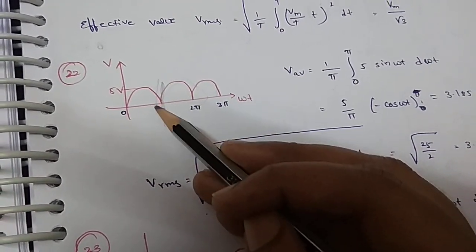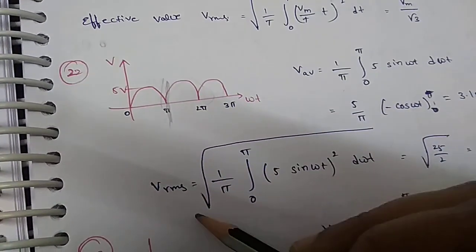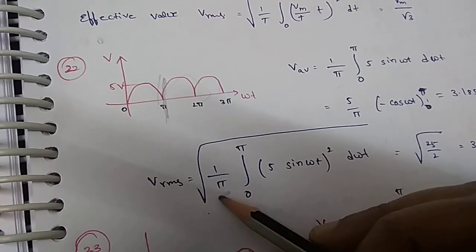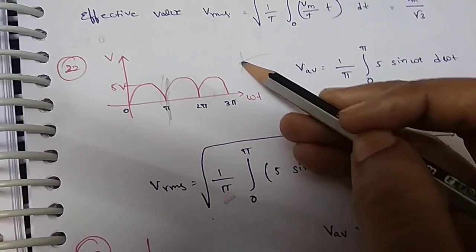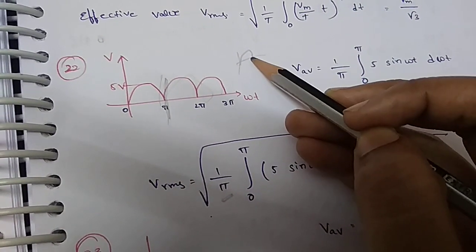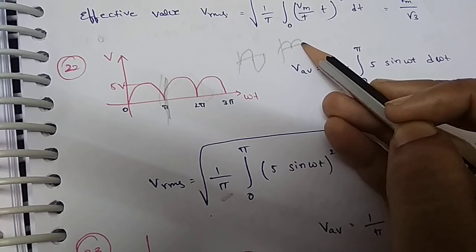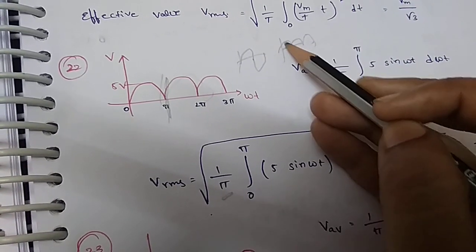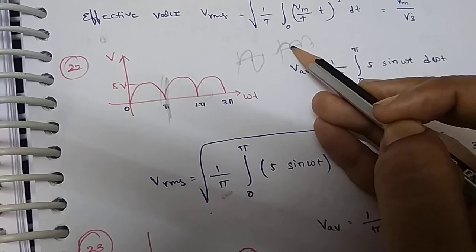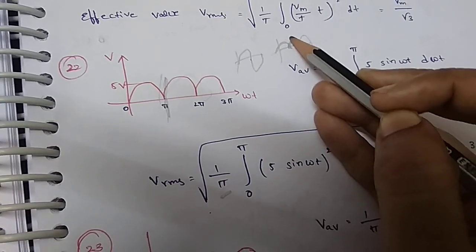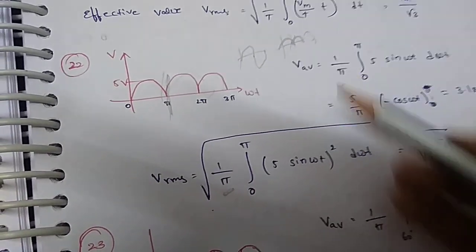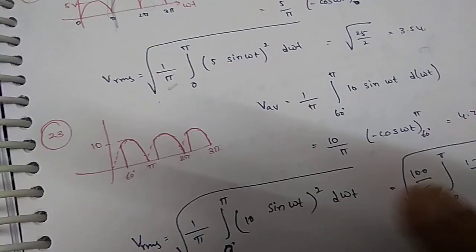Up to where you are getting the repetition, that comes under the complete cycle. There is no compulsion that every time you need to have positive and negative. Where you are getting this repetitive nature, that we call a cycle. So this is the first one and this is the second one, so we call this cycle 1, cycle 2.